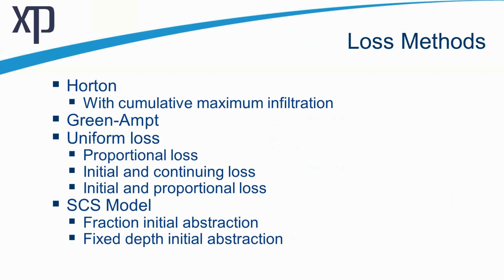From a modelling perspective, in a lot of software packages we have these typically standard loss methods that are available to us. I won't go into these in a lot of detail today. It's definitely a 101 type discussion. Didn't want to bore people with the calculations on this particular front. But the core ones being Horton, which is an initial and asymptotic decline method. Don't stress too much about those lovely terms.